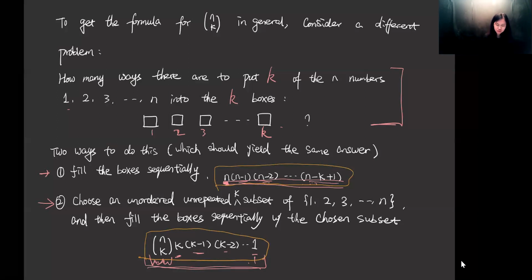When you set these two answers on the two sides of an equation, you can figure out what n choose k is.